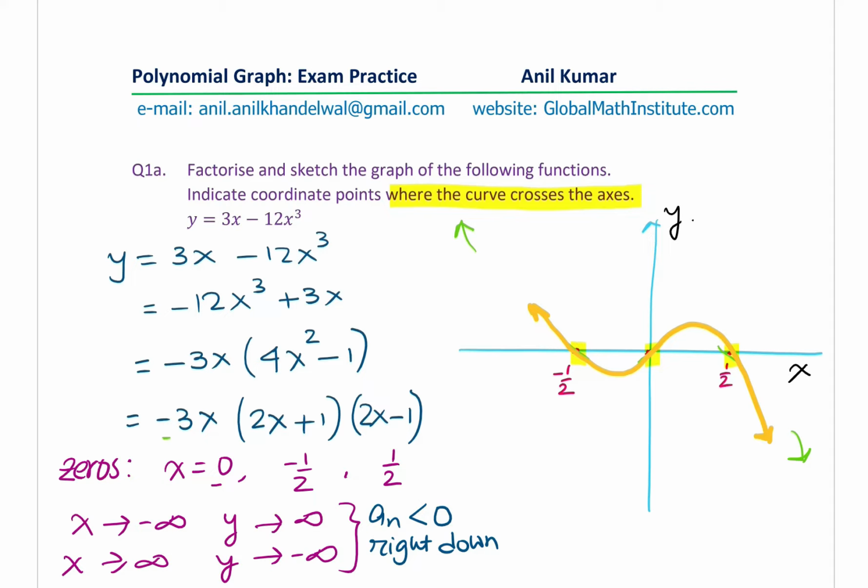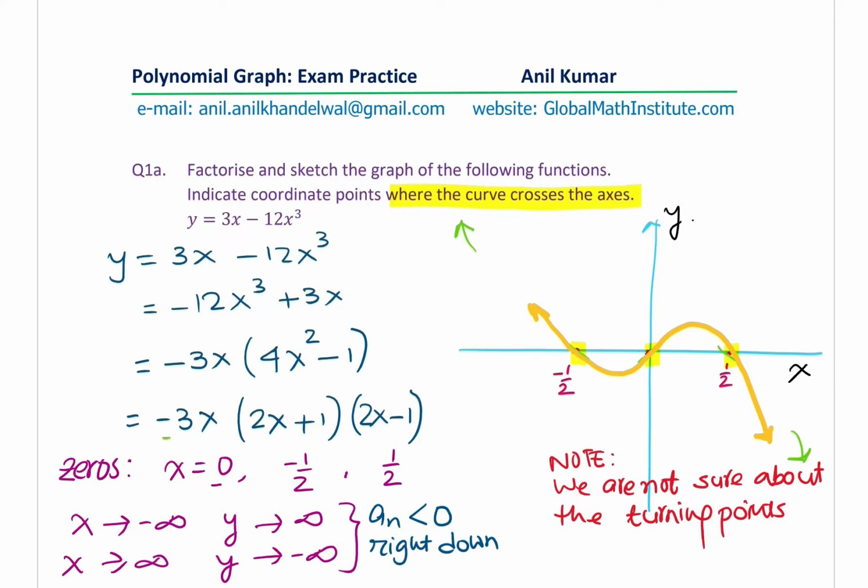Now here is a very important note about all these graphs which we are going to sketch. We are not sure about the turning points, right? So within the given information, we are not really working out a turning point.